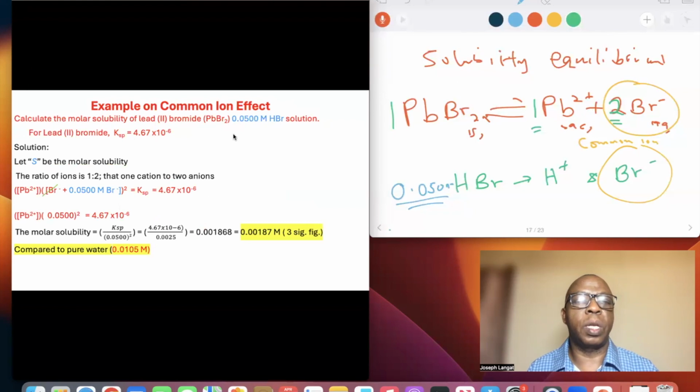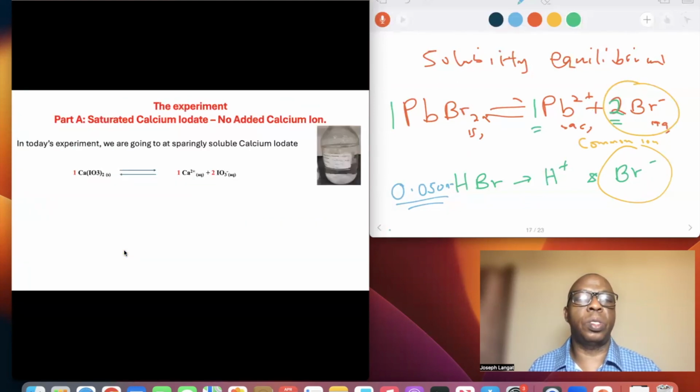Because of the three significant figures, you should round your answer to three significant figures. If you compare with the previous molar solubility of the same compound in H2O, this is less, so the molar solubility is smaller with a common ion compared to in H2O.